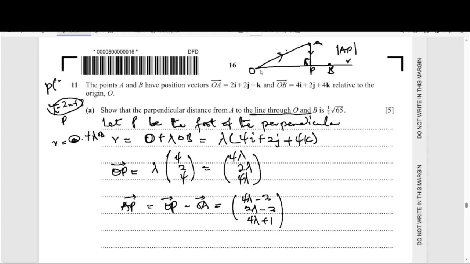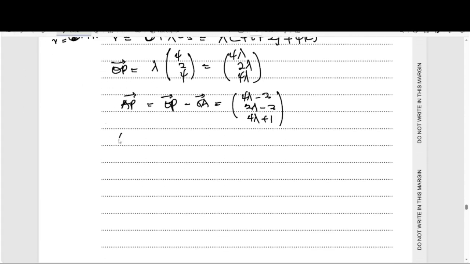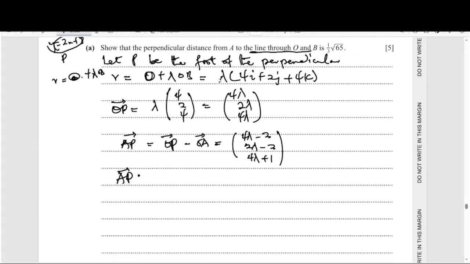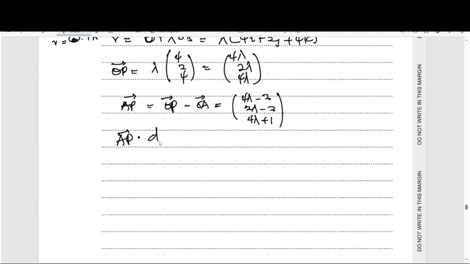So we need to find the dot product of AP and R and equate to 0 since they are perpendicular. You're going to find AP dot R, but you're not going to use the entire R. You're going to use a direction vector, right? I'm going to use dR to show the direction vector of R, which should be equal to 0.